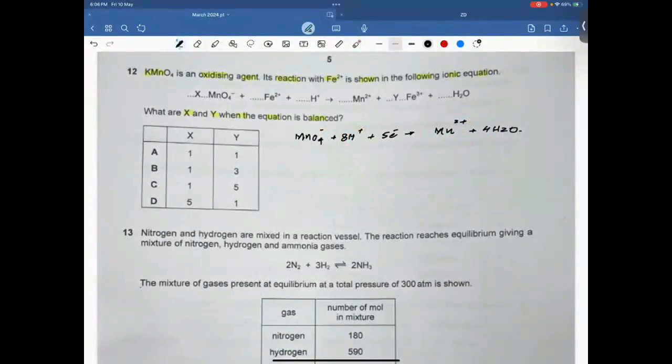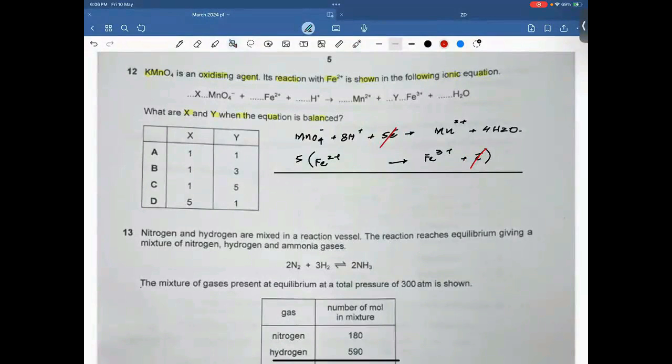Okay. Iron 2 ions is converting into iron 3 ions. We have 1 electron here. We have 5 electrons here, which means I need to balance the number of electrons, so I will multiply the second equation by 5. As the number of electrons are balanced on both sides, they will cancel out with each other.